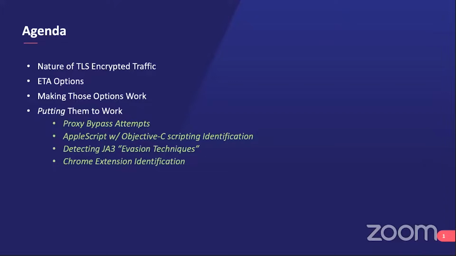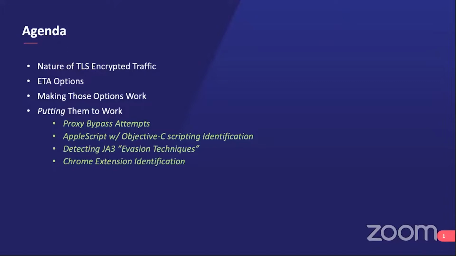So what we're going to talk about today, as a follow-on to last week, what Gary was talking about, is the nature of TLS traffic. TLS, well, encrypted traffic, right? Sort of redundant. We're going to look at encrypted traffic analysis options. We're going to look at making those options work for actual detection, find bad things, weed out good things, the things that we want to do.